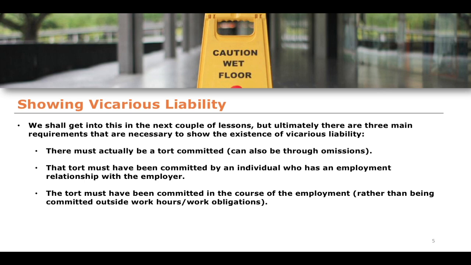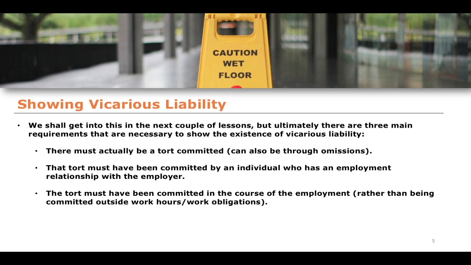And then finally, to avoid an employer being liable for any kind of tortious activity by the employee, the tort must have been committed in the course of the employment. So essentially this protects against an employer employing some employee, and then for this employee to go out on a night out outside of office hours and commit some tort against an individual.